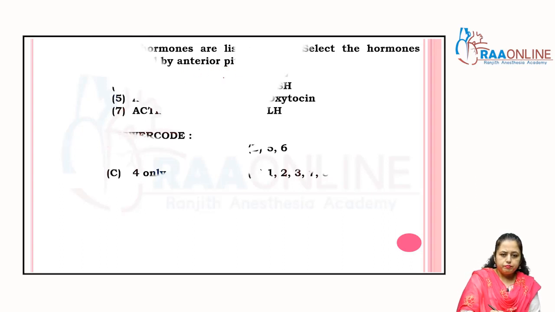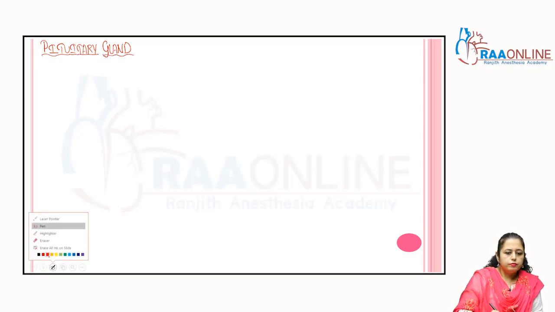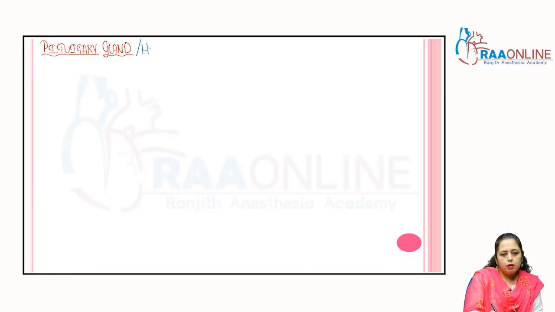Anterior pituitary, we are talking about the pituitary gland, which is also known as the hypophysis, right? It is called the master gland.